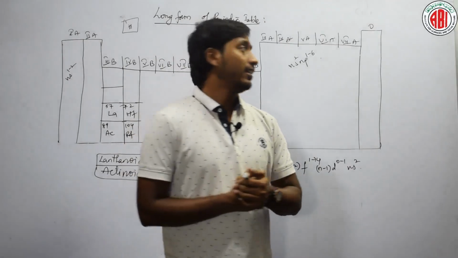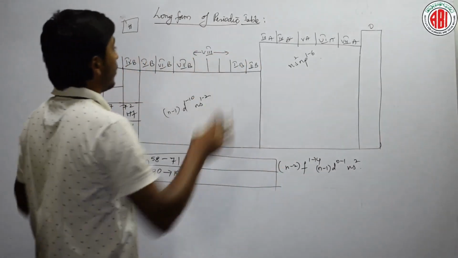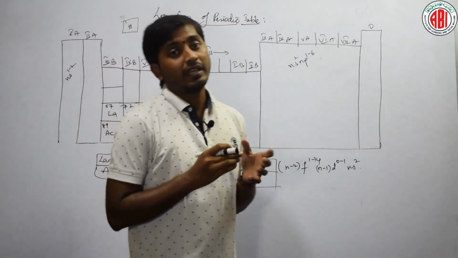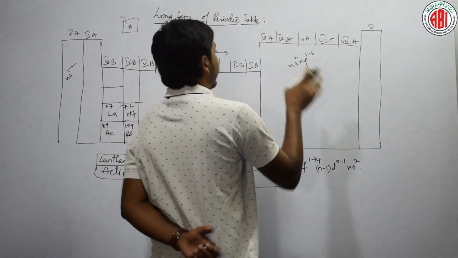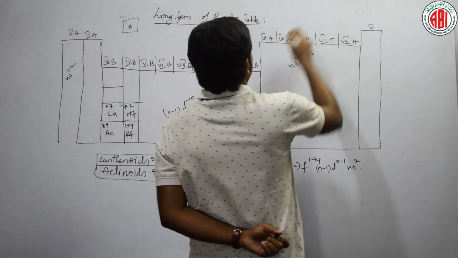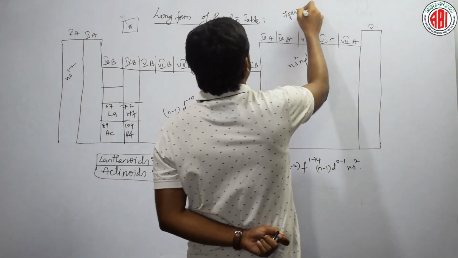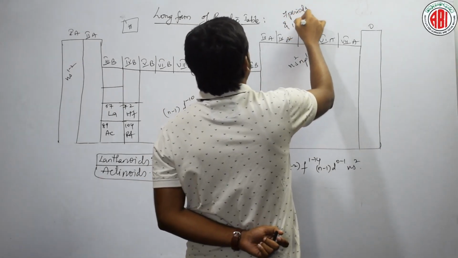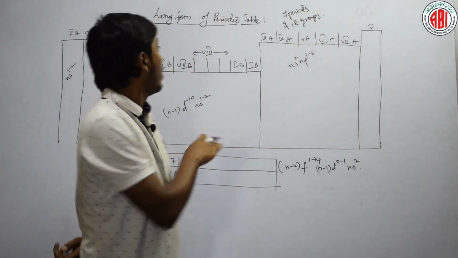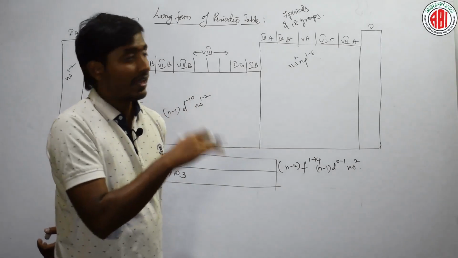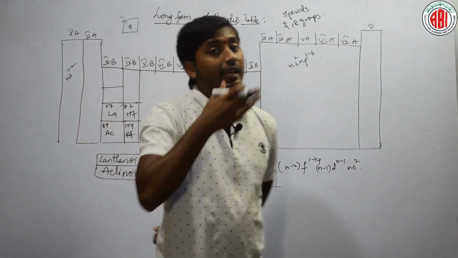How did he design it? He divided the whole periodic table into a number of periods and a number of groups. How many periods? He divided the whole periodic table into 7 periods and 18 groups. Periods are horizontal rows and groups are vertical columns, right.